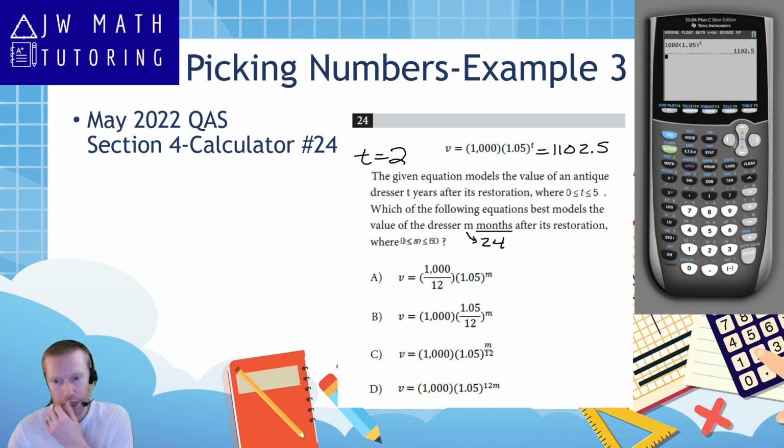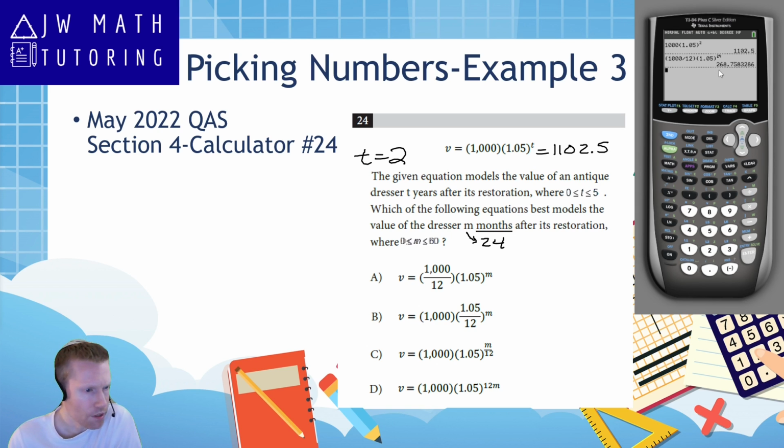So now I'm just going to go through the answer choices. I'm going to plug them all in where m is 24, and only one of them is going to come out to 1102.5. So for the first one, I've got 1,000 divided by 12, in parentheses, and then that's multiplied by 1.05 to the 24th power, since m is 24.